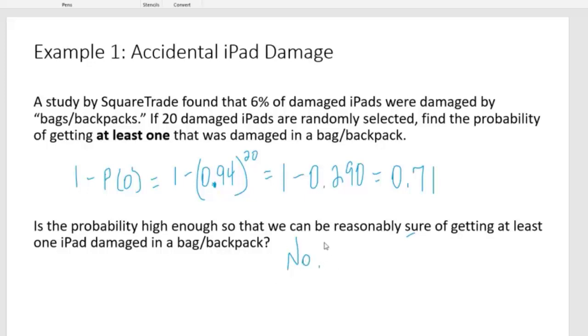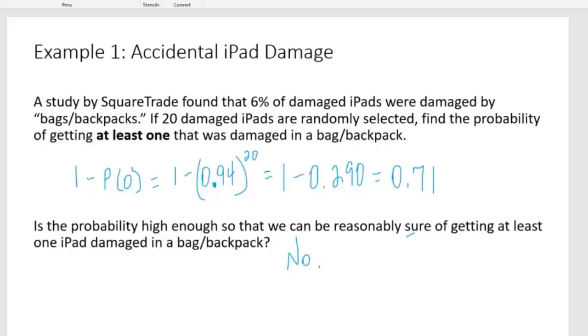If you're wanting to be more sure, what they need to do is get more backpacks, because as we test more backpacks and this value goes up, then since this is a decimal raised to that power, as that power gets higher, that result will go down, and 1 minus a smaller number will give me a bigger result.